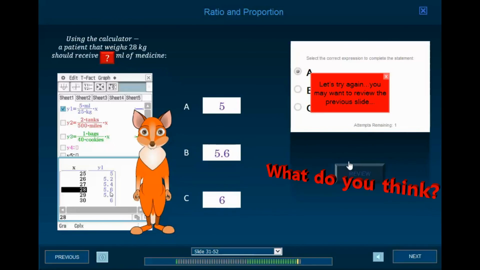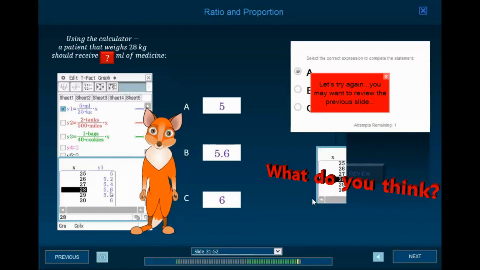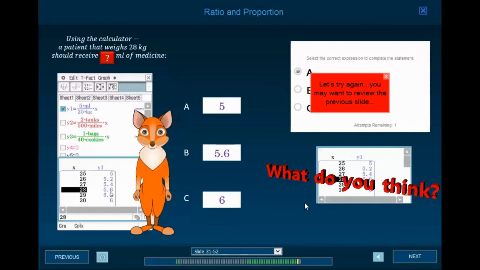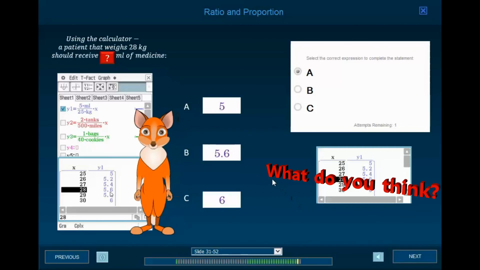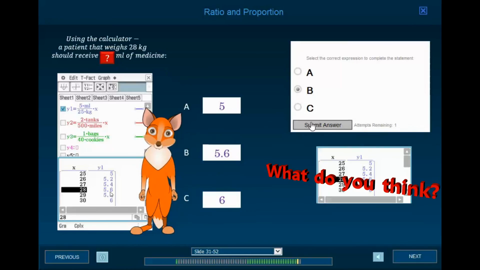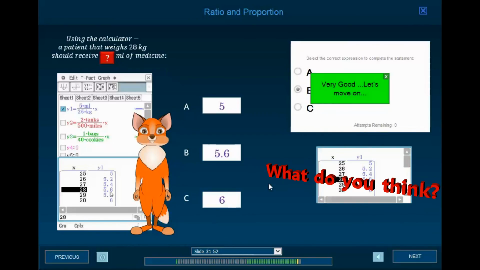Looking at our table, if the patient weighs 28 kilograms, the patient needs 5.6 milliliters of our medicine. Good work. Using the calculator, a patient that weighs 28 kilograms should receive 5.6 milliliters of medicine.